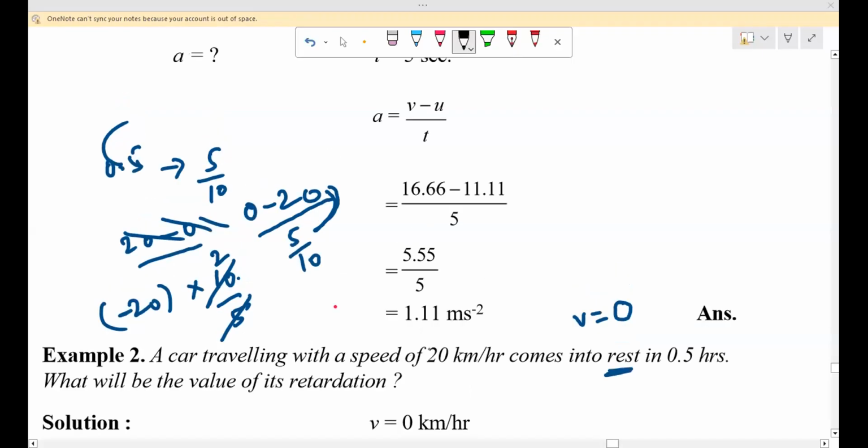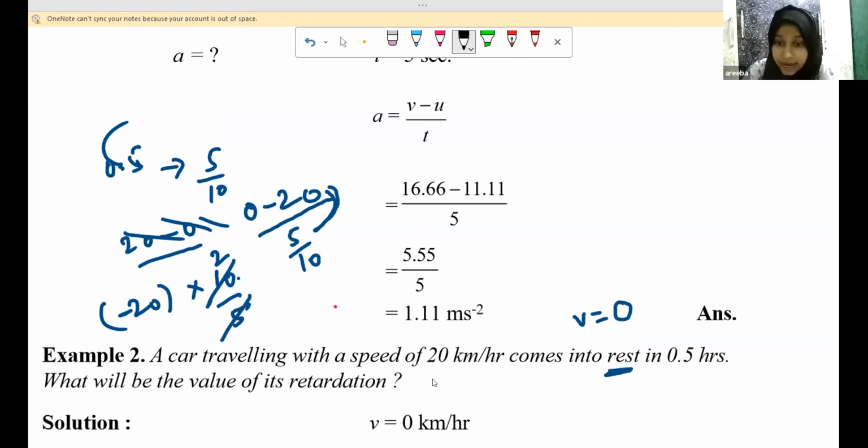A car traveling 20 kilometer per hour. That is the initial velocity. And comes to rest. That means final velocity will become 0. And time given to us is 0.5 hours. What will be the value of retardation?